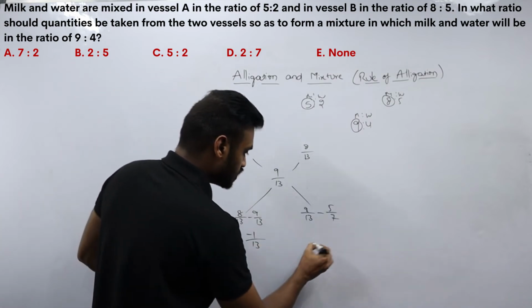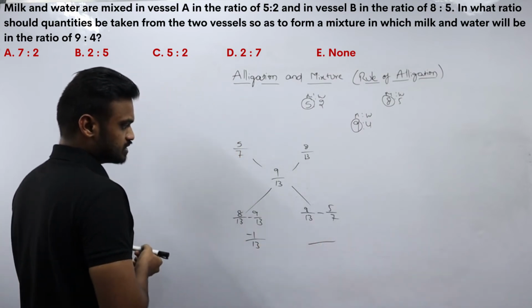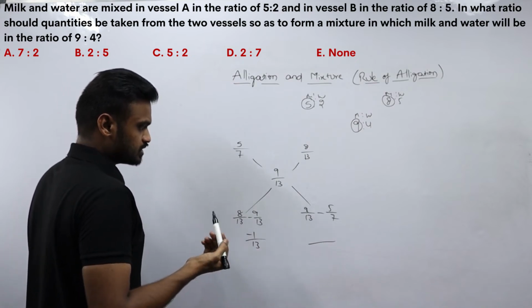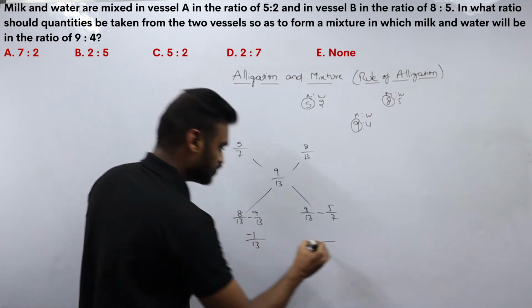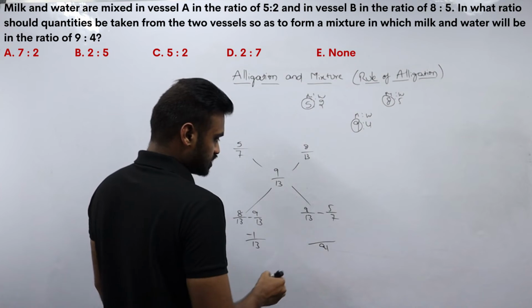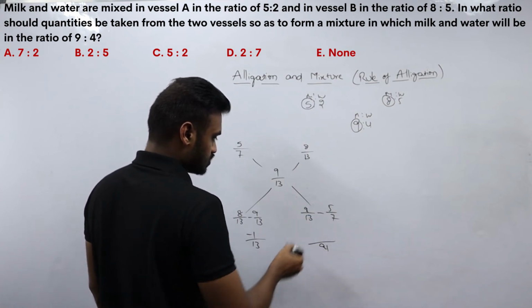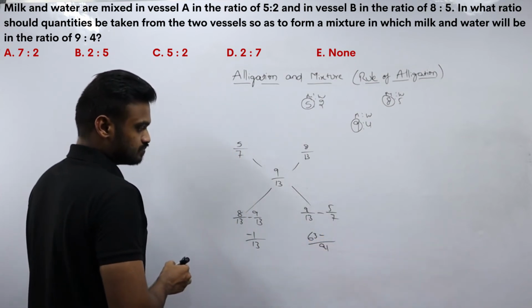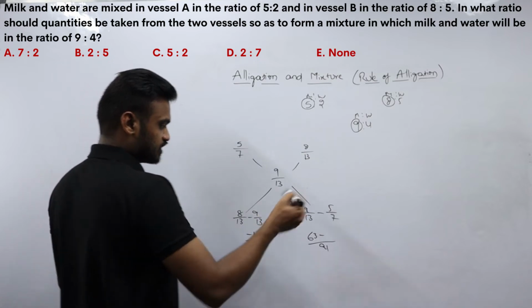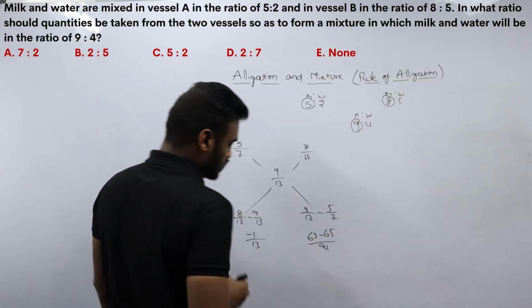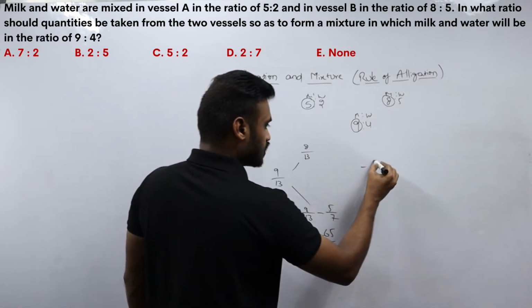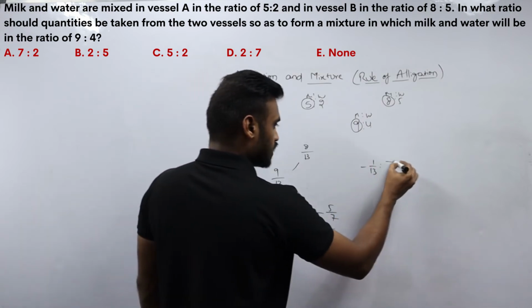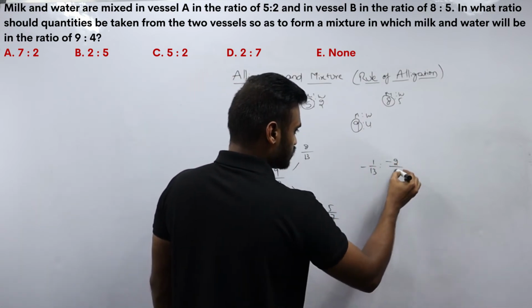In the second, the LCM of 13 and 7 is 91. 9 7s are 63, minus 5 13s, which is 65. So we get minus 1 by 13 to 63 minus 65, that is minus 2 by 91.